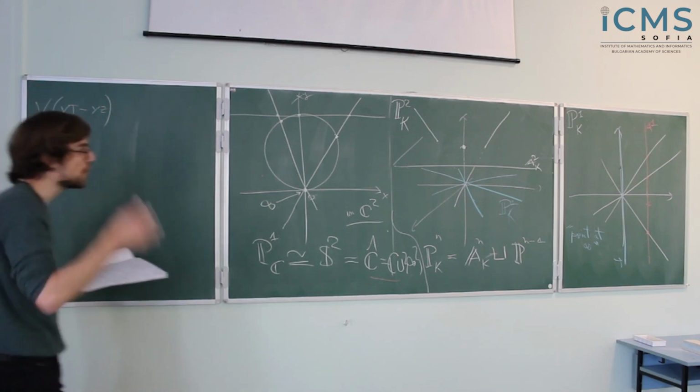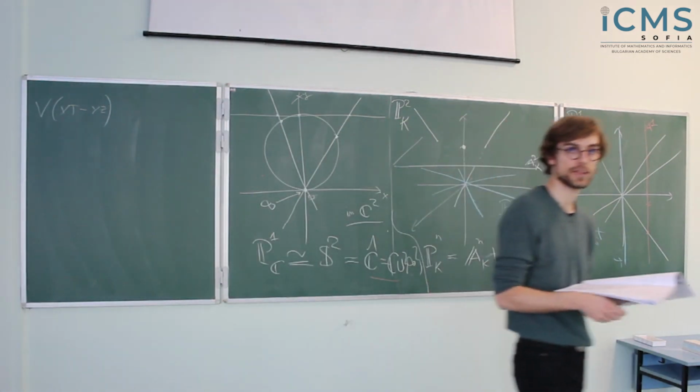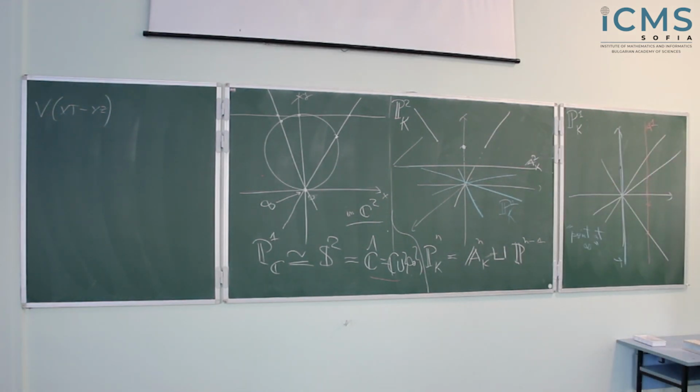Okay, I see. Yes, it's actually quite interesting. I remember this example. The simplest thing is, for example, the parabola. You add the point at infinity. I need to introduce homogenization, dehomogenization.